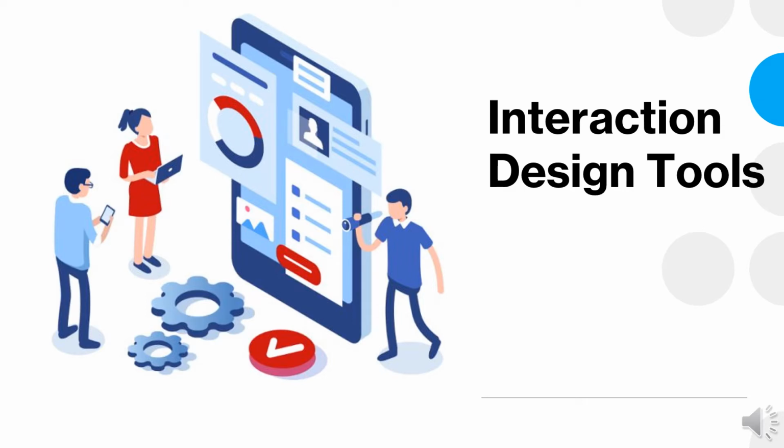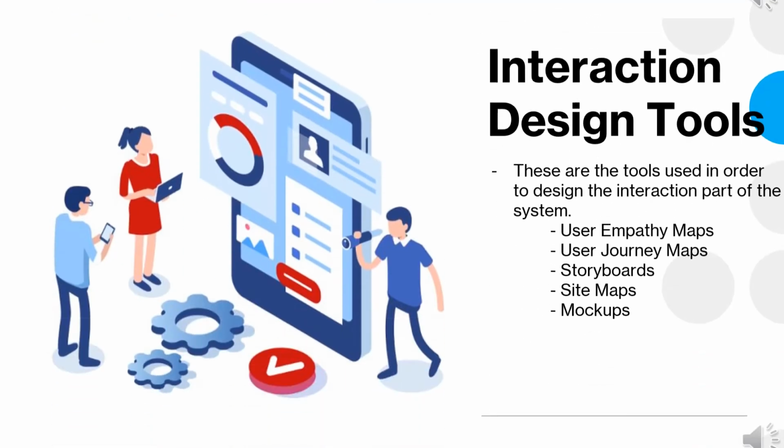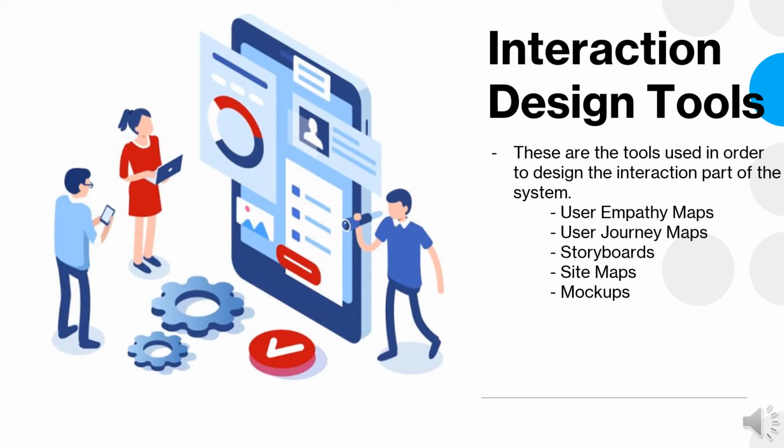In today's video, we will look at the interaction design tools, and this is still part of the interaction design, which is another component of the user interface design. So the interaction design tools are basically the tools that we use in order to design the interaction part of the system, and we need these tools in order to conduct research and to provide some sort of artifacts to the end users so that they can give us feedback on whether we're on the right track, whether we're designing the things that they really want, and so on and so forth.